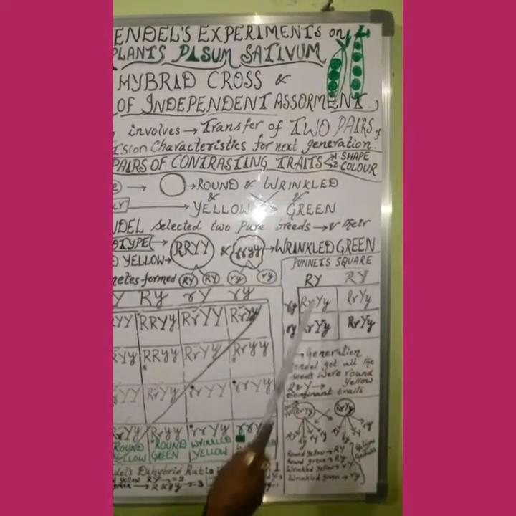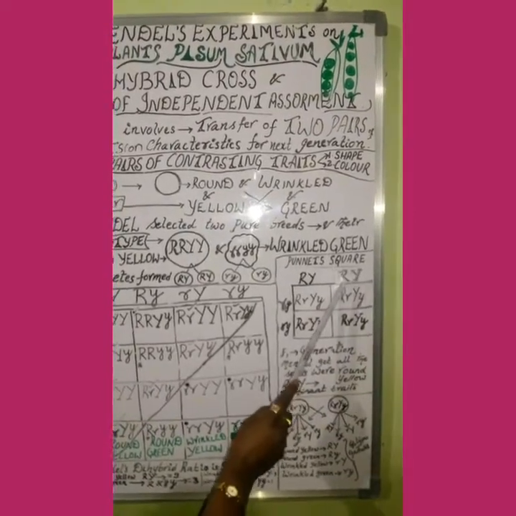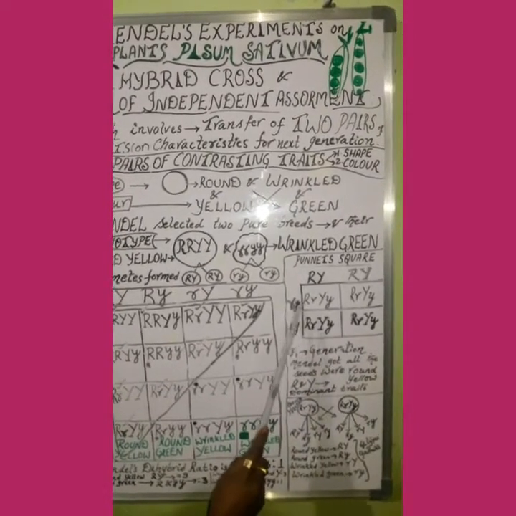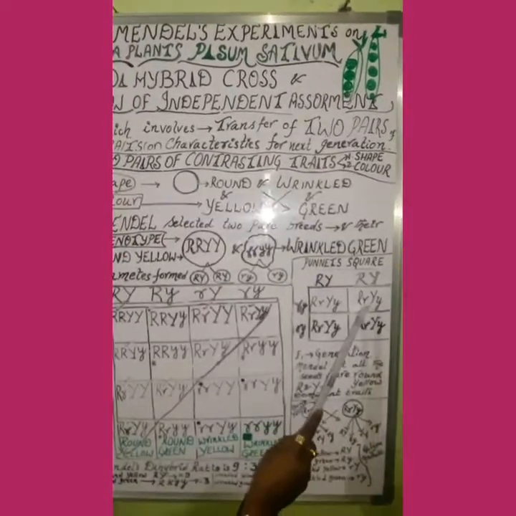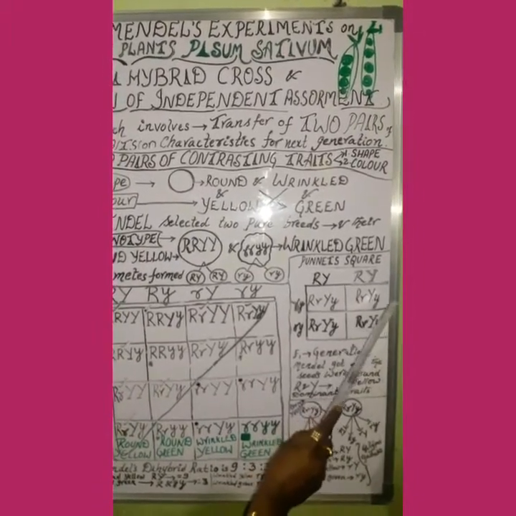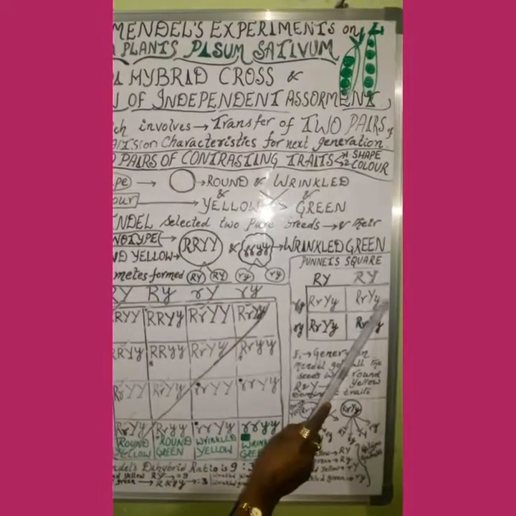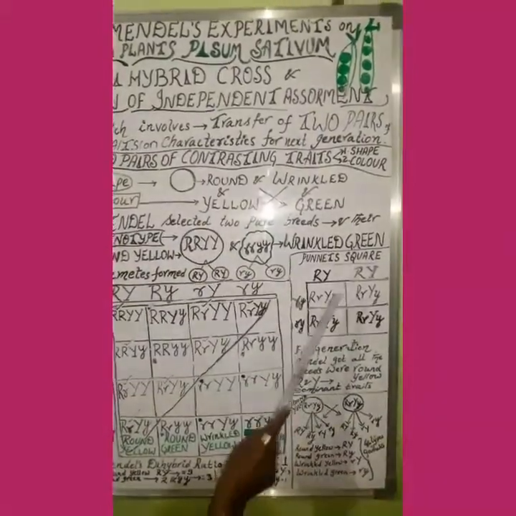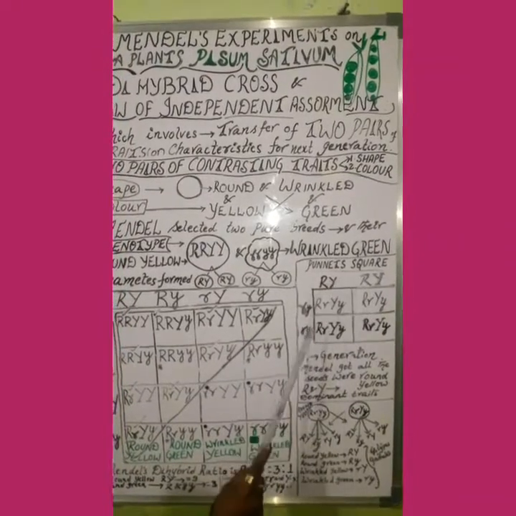Then we'll fuse these two gametes. Capital R, capital Y fused with small r and small y gives capital R, small r, capital Y, small y in this cell. Now let's fuse these two gametes.